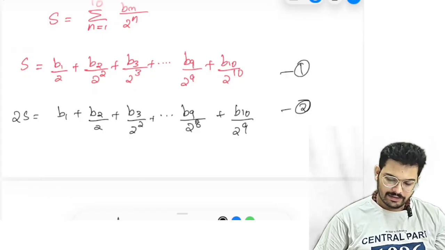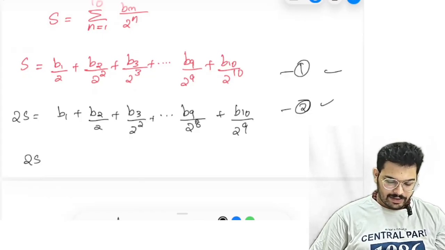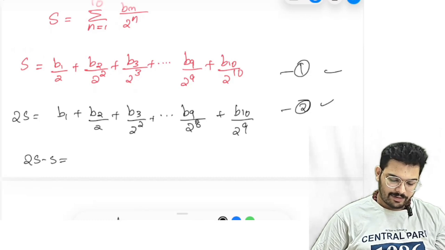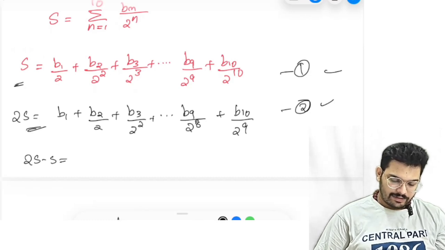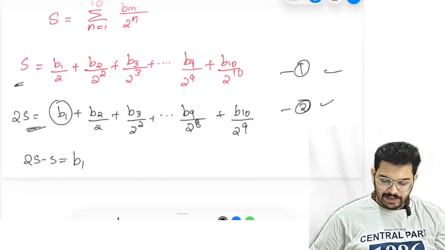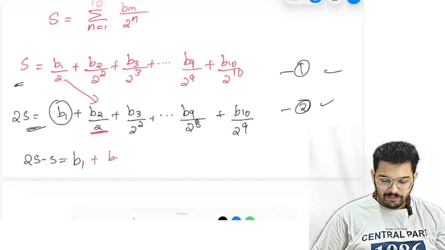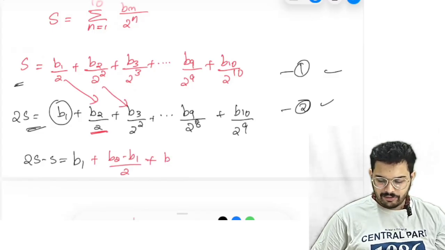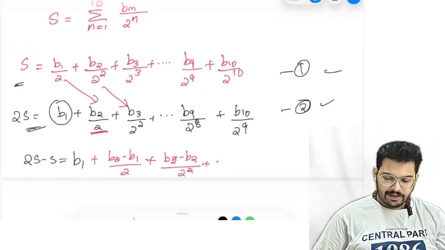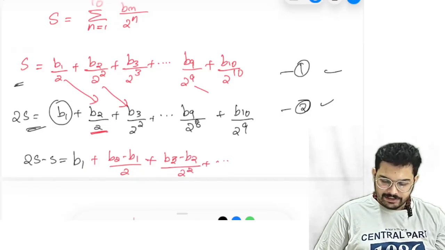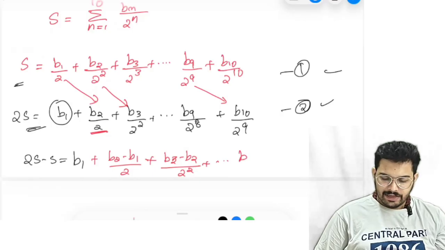When you subtract 2 minus 1, 2S minus S will be equal to, we will be subtracting from this value. So b1 will stay as it is, and we will be subtracting these terms. This will be b2 by 2 minus b1 by 2, that is b2 minus b1 divided by 2, plus b3 minus b2 divided by 2 square, etc., till b10 minus b9 divided by 2 raised to 9.